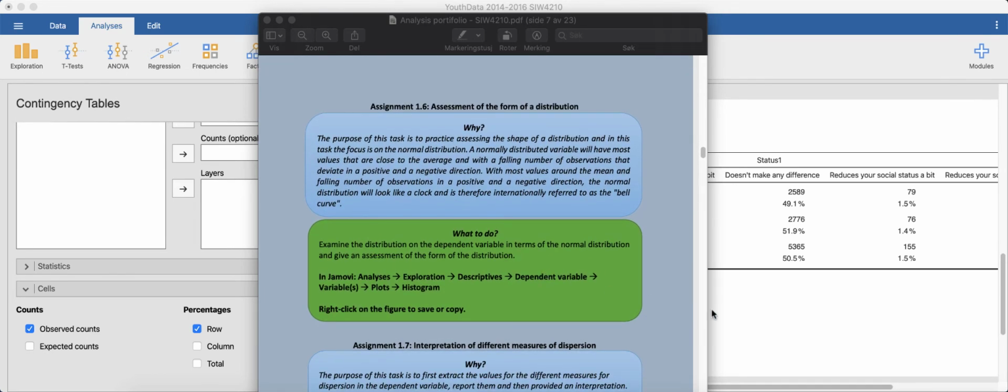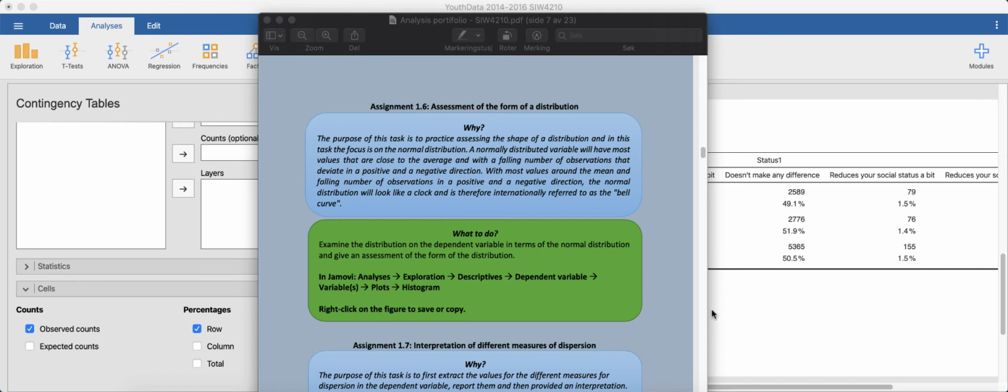And 1.6, assessment of the form of a distribution. The purpose of this task is to practice assessing the shape of a distribution, and in this task the focus is on the normal distribution.